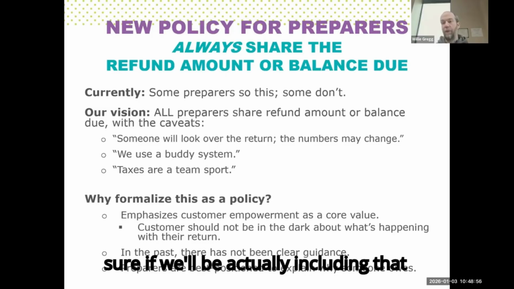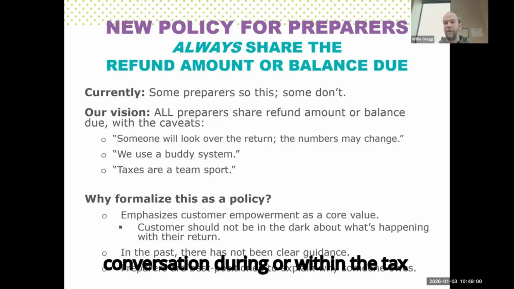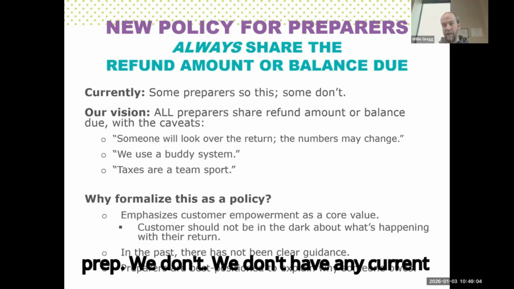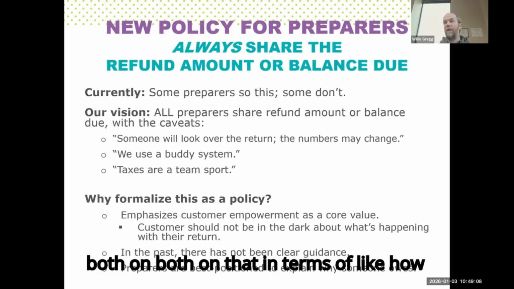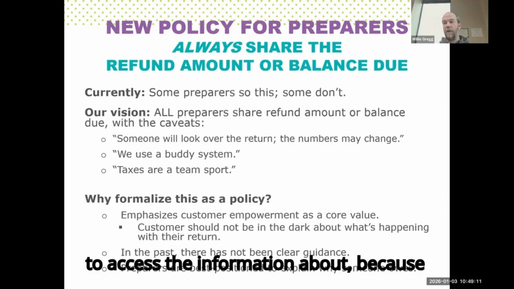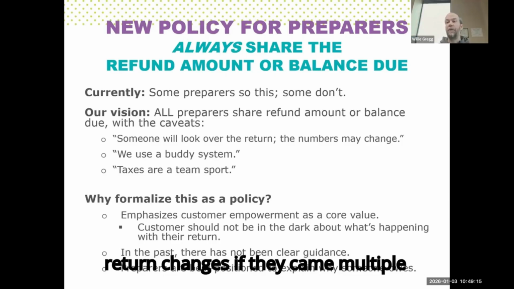Yeah, I'm not sure if we'll be actually including that in customer packets or not, but it could be something that's useful in a conversation during the tax prep. Gotcha. We don't have any current guidance, but we can decide to provide it, both on that and on how to access information, because there is something where you can see an actual breakdown of their tax return changes if they came multiple years.